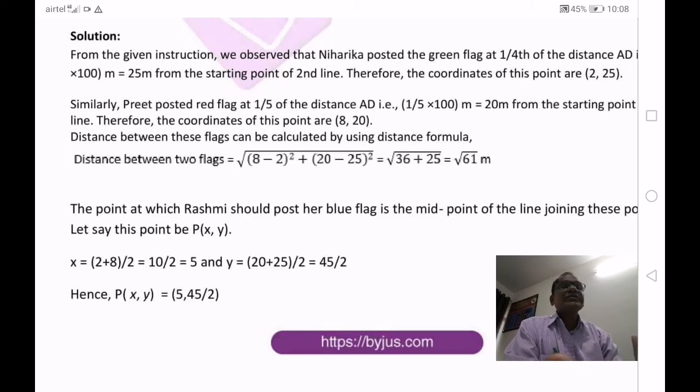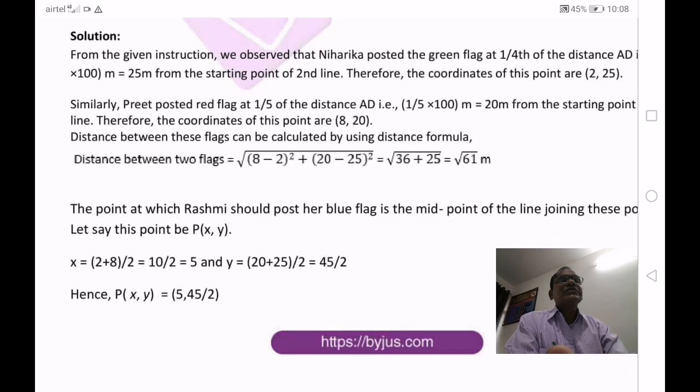One more girl, Rashmi, is going to post her flag between these two. Between means midpoint formula. What is the midpoint formula? (x1 plus x2)/2, (y1 plus y2)/2. The points are 2 comma 25 and 8 comma 20. x1, y1 is 2 comma 25 and x2, y2 is 8 comma 20. x1 plus x2 is 2 plus 8 by 2, that is 10 by 2, equal to 5. y equals (y1 plus y2)/2. y1 value is 25, y2 value 20. 20 plus 25 by 2 is 45 by 2.